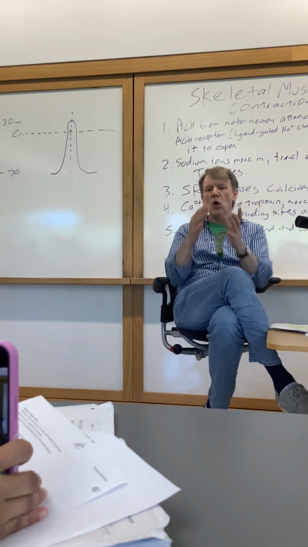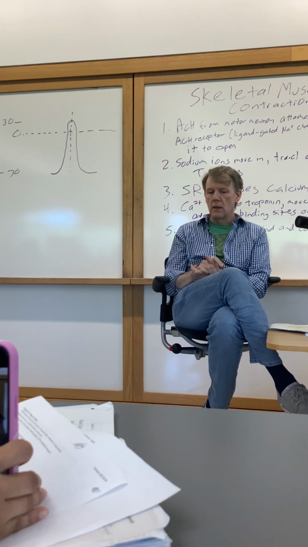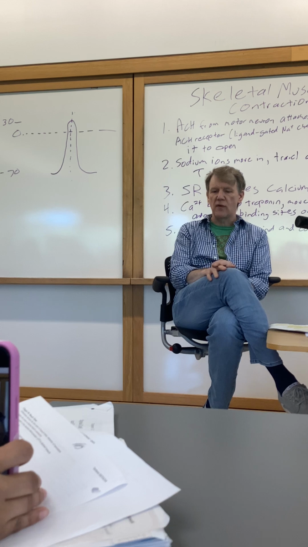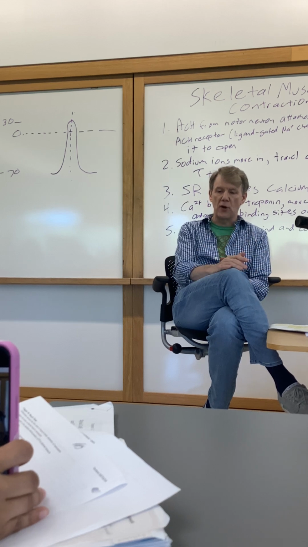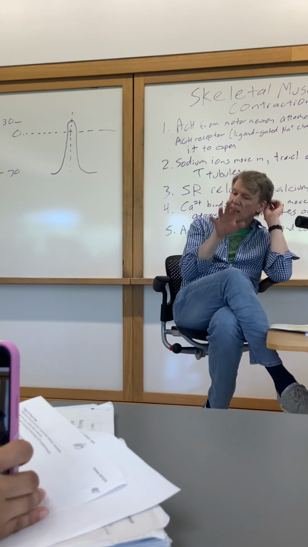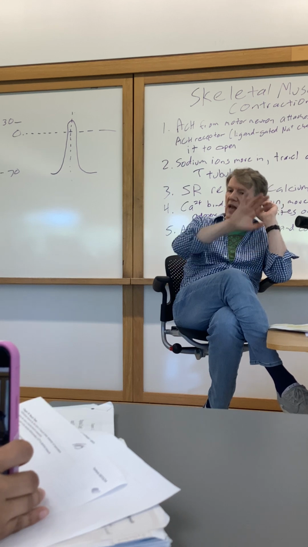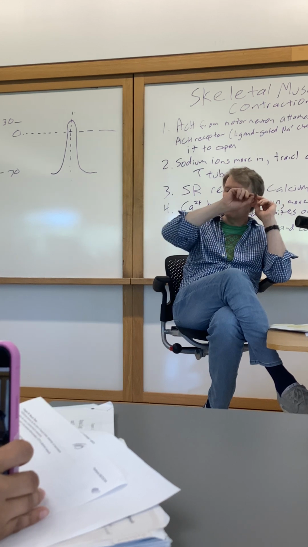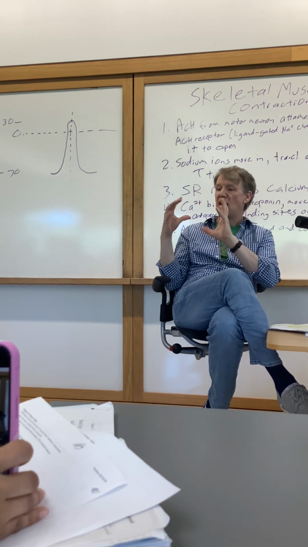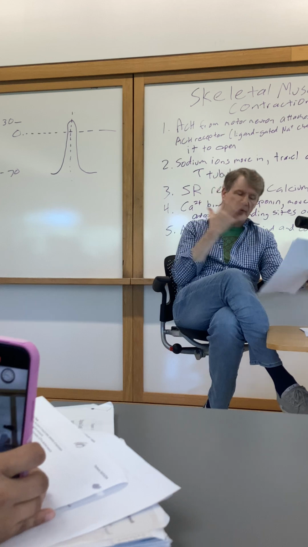Remember, dermatomes are areas on the body that get their skin sensation from a particular spinal nerve or cranial nerve, okay? And every spinal nerve except for C1 has a dermatome. For the cranial nerves, only cranial nerve number 5 has a dermatome, and that happens to be your face.